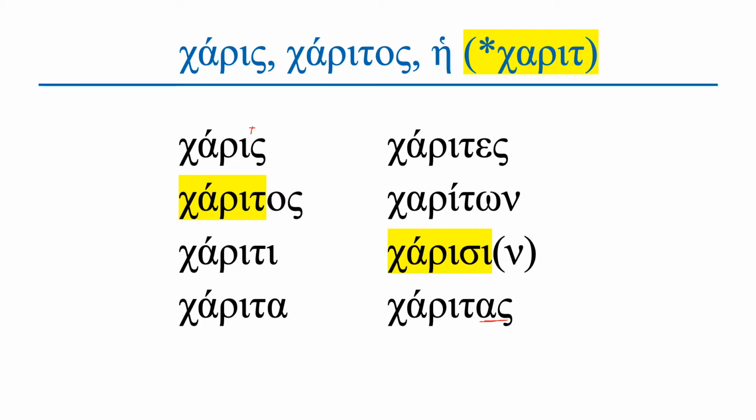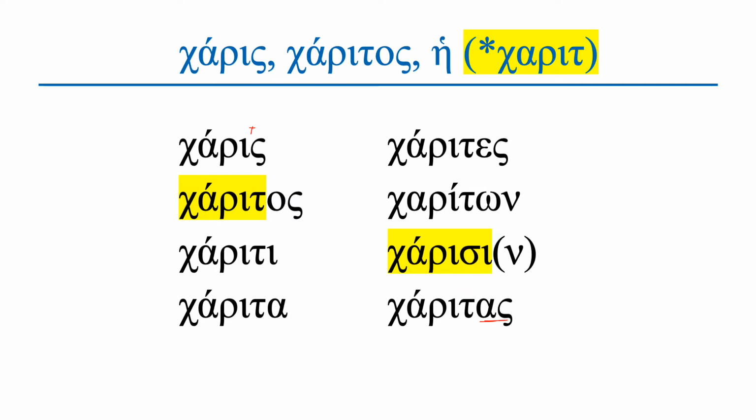You are going to experience that quite a bit in this section, even though it is brief. Here we have the word charis for grace, but the stem of that word, in yellow there, is charit. We get the stem from the genitive, charitos. You take off the genitive ending, omicron sigma, and you have the stem charit.